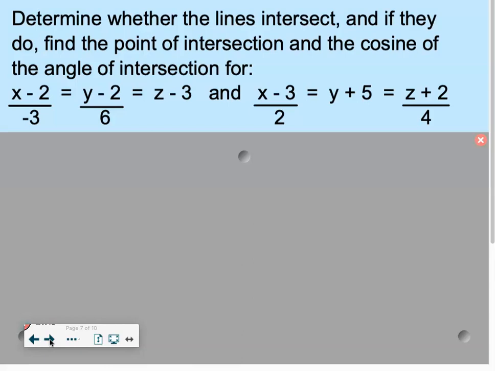The first thing I always do is rewrite my lines parametrically. But you can't use t's for both, because the time on one line is not the same as the time on another line. So you have to pick 2 different letters. I think I used T and Q. A lot of books use subscripts like t sub 1, t sub 2, for time on the first line and time on the second line.